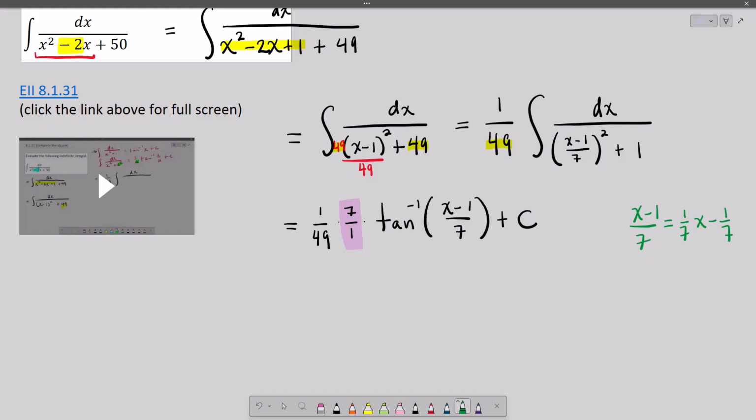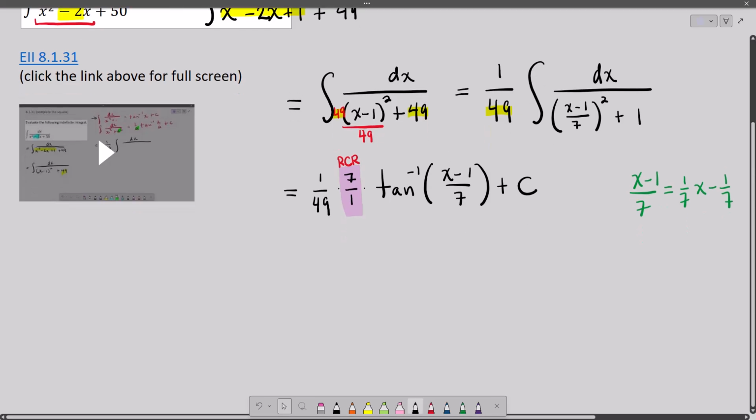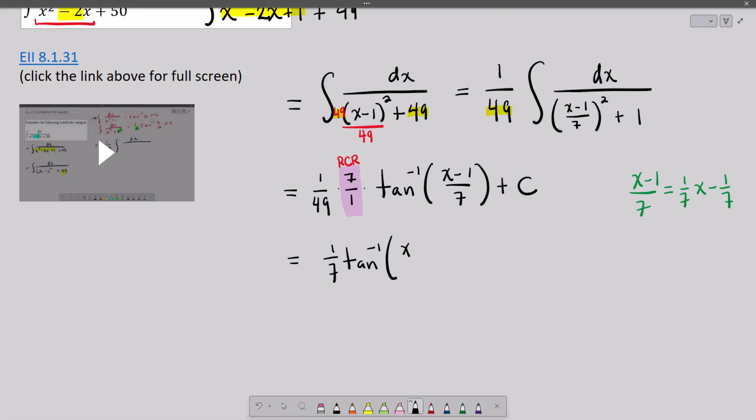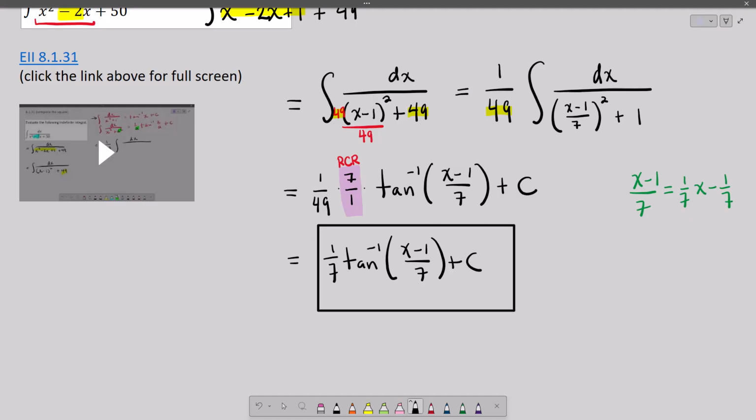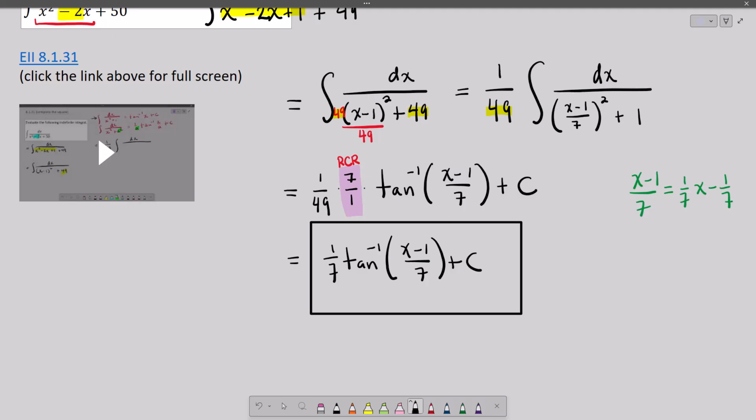The coefficient of x is the derivative. And if we divide by 1/7, that gives us our 7 divided by 1. So there is our RCR. A little bit of cancellation out in front is all we have to do. So we get 1/7 the arctangent of x minus 1 divided by 7 plus c. So that is our antiderivative.